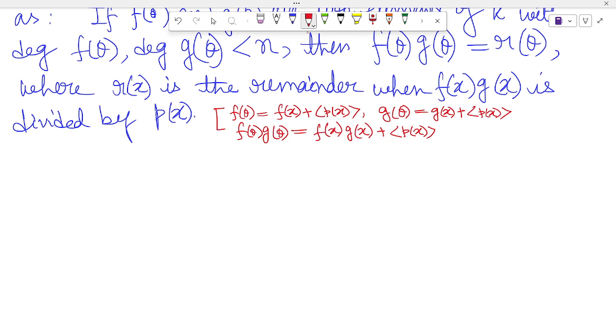now f(x) g(x) is a polynomial. Okay, so we can divide f(x) g(x) by p(x).